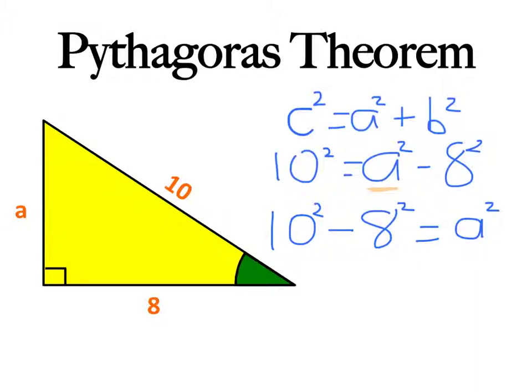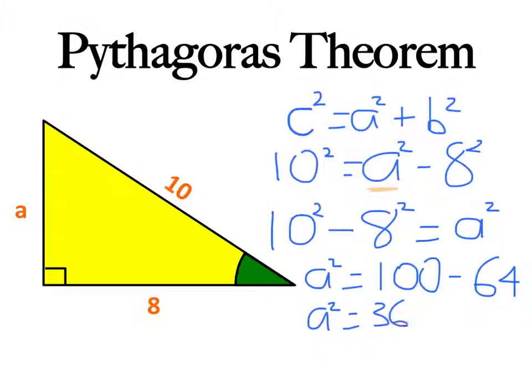So before I added them together, in theory now, if I have the longer side length, I can subtract the other one to find a squared. So a squared would be equal to 10 squared, which is 100, minus 8 squared, 8 eights are 64, okay? So a squared would be equal to 36.